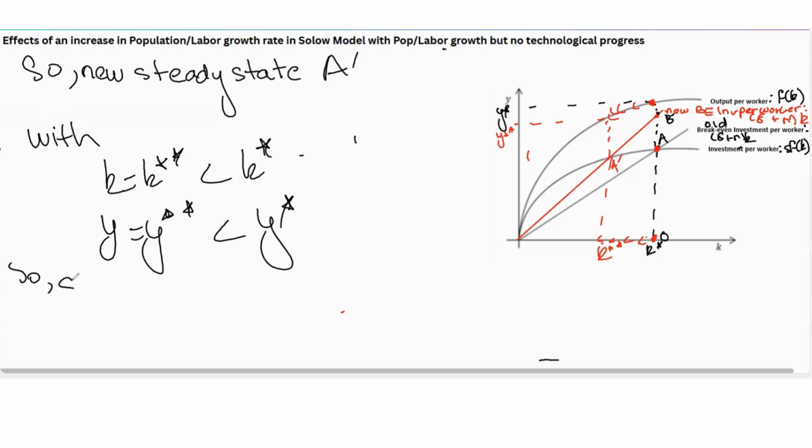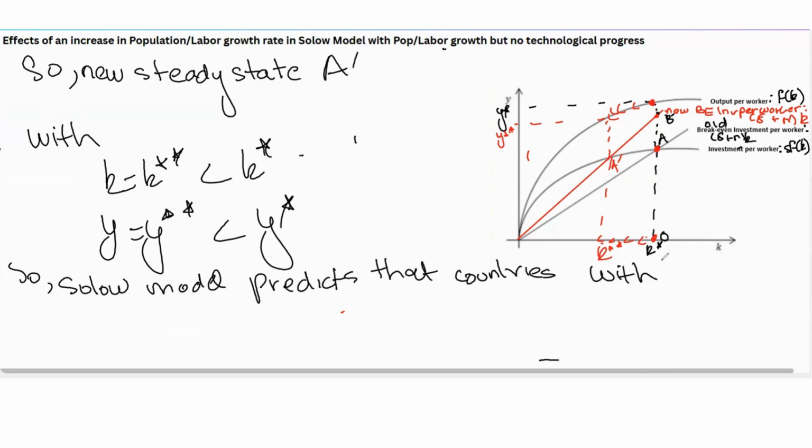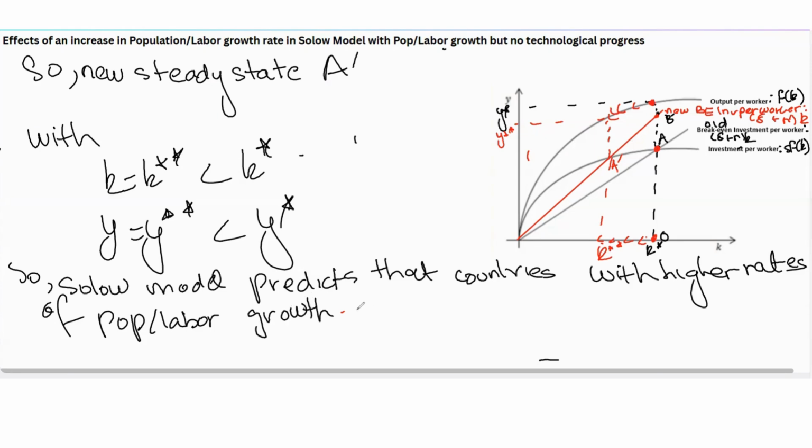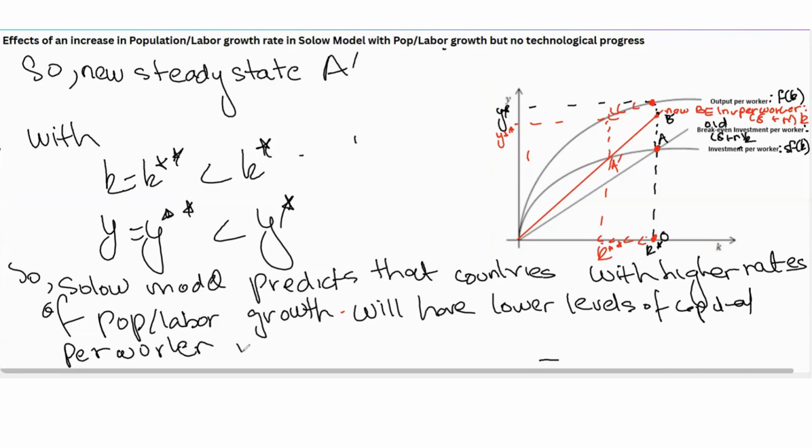So the Solow model predicts that countries with higher rates of population or labor growth will have lower levels of capital per worker, and therefore lower output per worker in the long run, right?